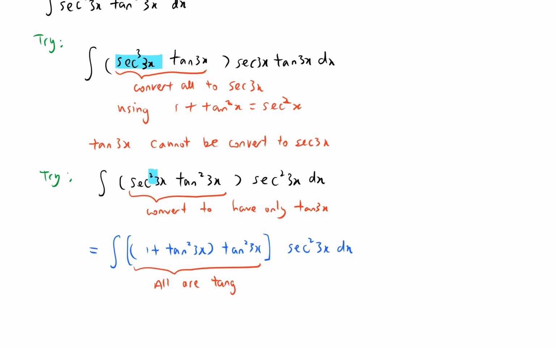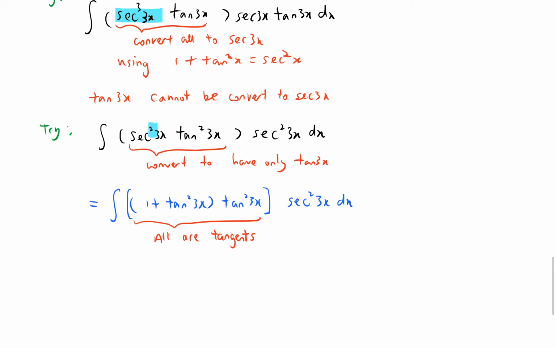So that means pass, we can continue. So it becomes tangent square 3x plus tangent 4 3x bracket, secant square 3x dx, right?